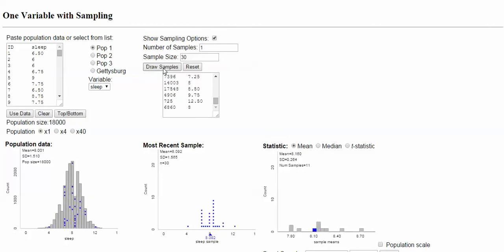We're just selecting more and more groups of 30 and getting the mean of each one. And each time we do it, it shows the 30 selected people inside of the population that they came from. It shows the 30 people on a number line, and it shows their sample mean as a building block. So this blue block is the mean of our newest sample.